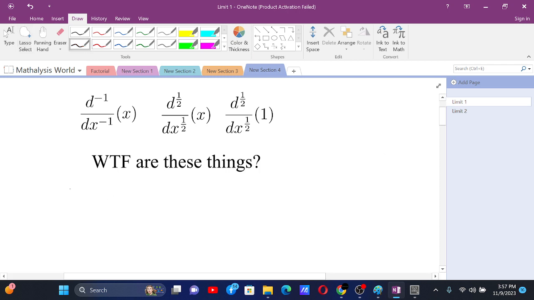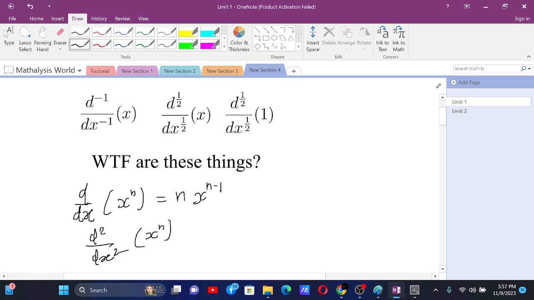Basically, we will first deal with d/dx of x to the power n. It's just n times x to the power n minus 1. And now d square by dx square of x to the power n will be n times n minus 1 times x to the power n minus 2.